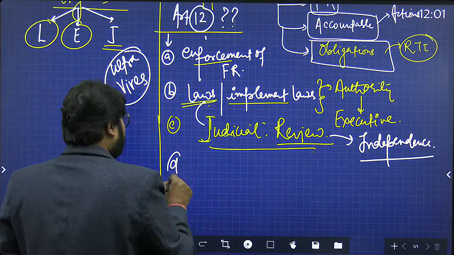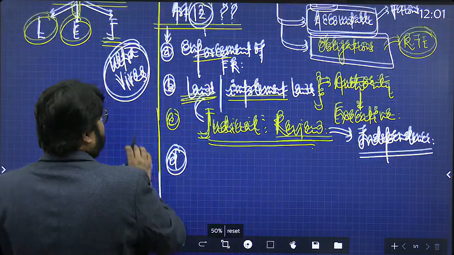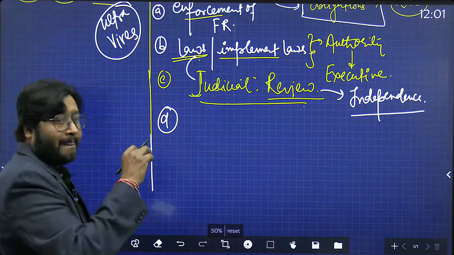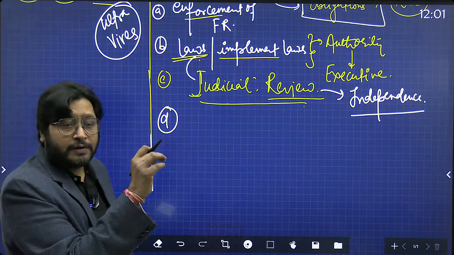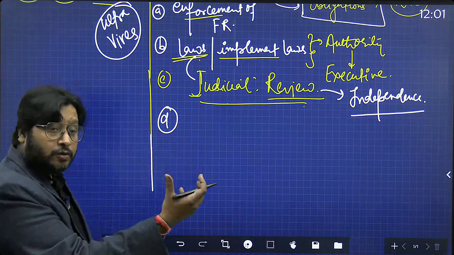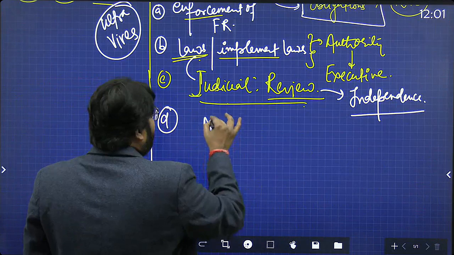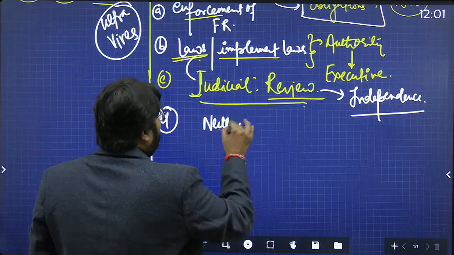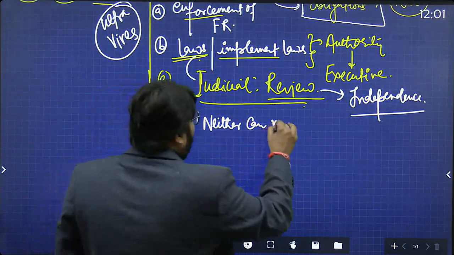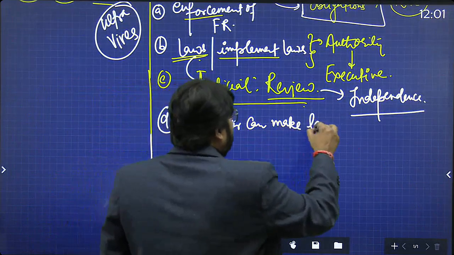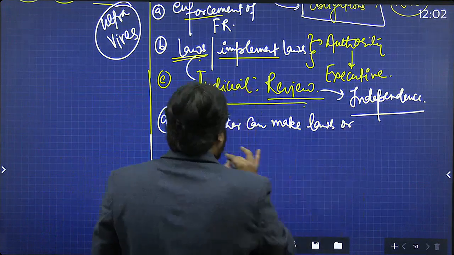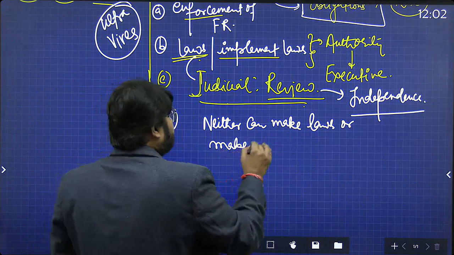D. Is judiciary involved in policy? No. That is also the reason, right? Judiciary cannot implement, neither can make laws or make policies.